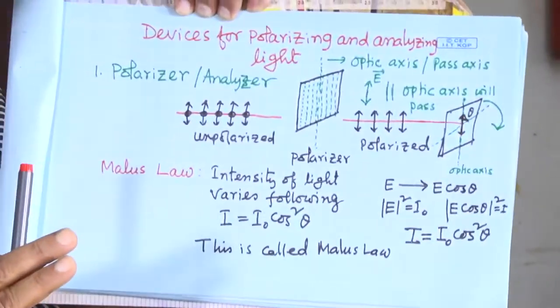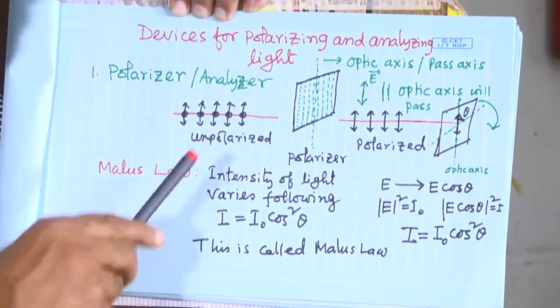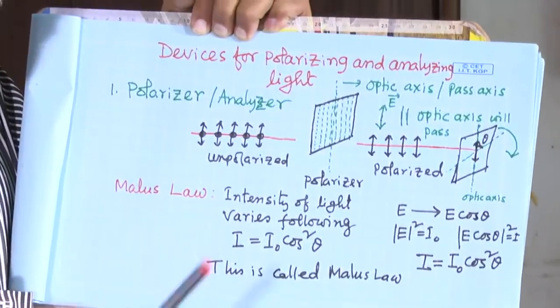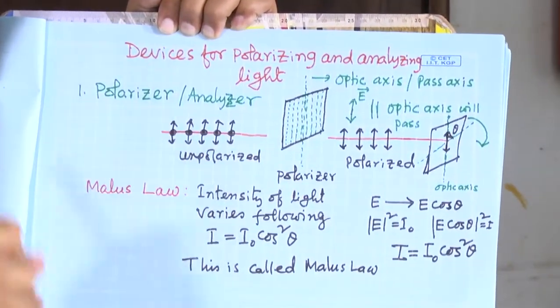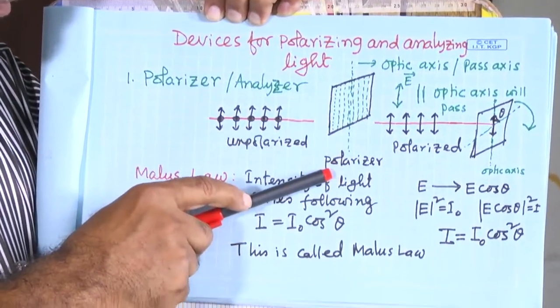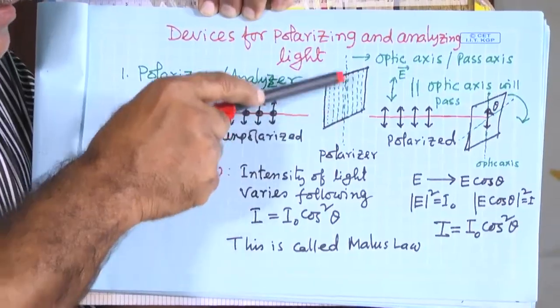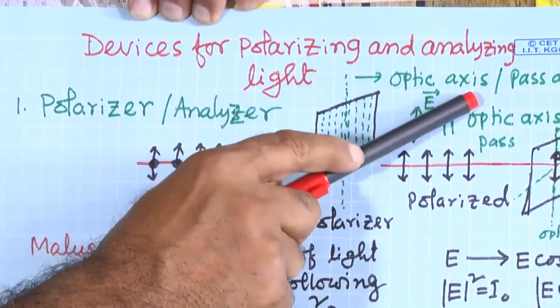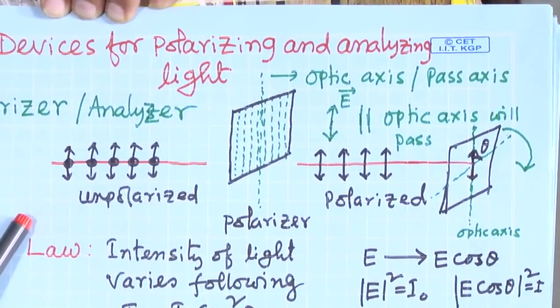So, what is a polarizer? In a simple way, it is a plate kind of thing, made in such a way that it has an axis, called the optics axis or pass axis.